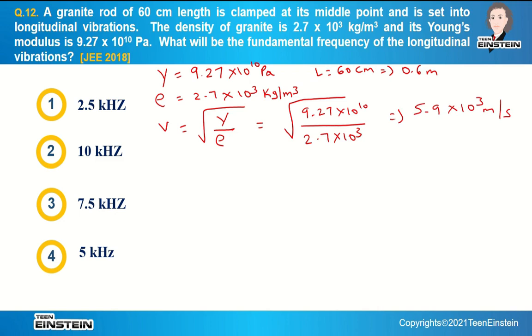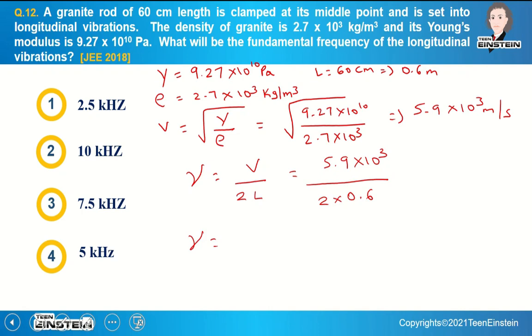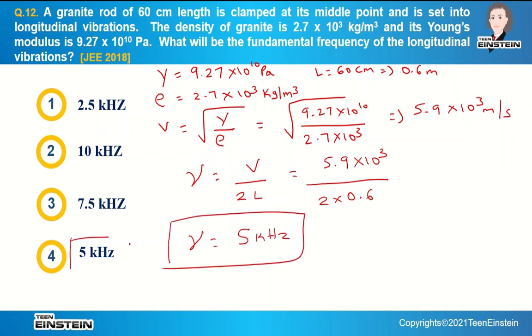Now you are going to find the fundamental frequency, which is given by mu is equal to V by 2L. So this will be 5.9 into 10 power 3 divided by 2 into 0.6. If you solve this, you will get the answer as 5 kilohertz. So the correct answer is option number 4, which is 5 kilohertz.